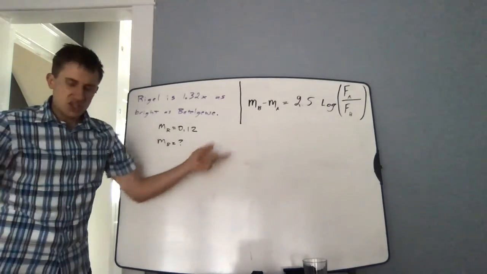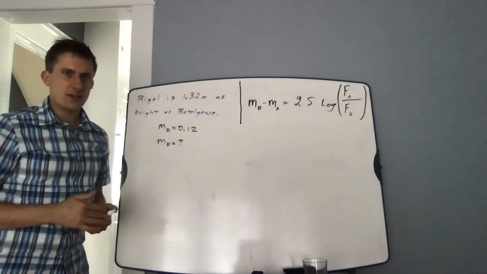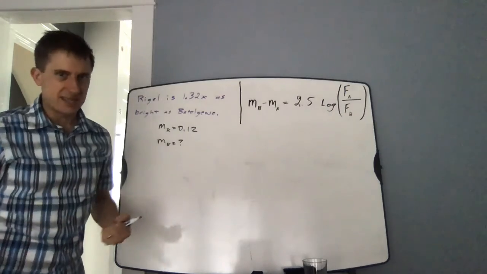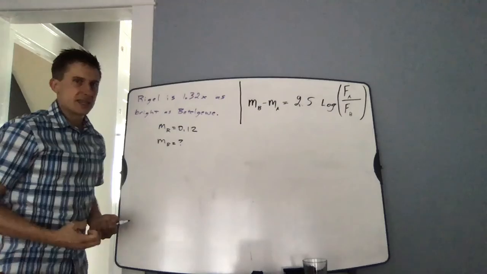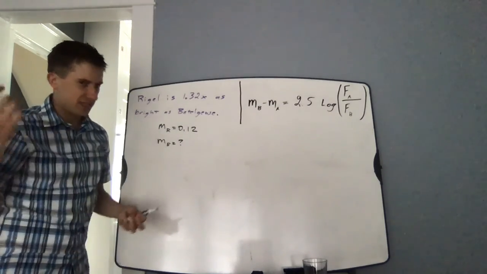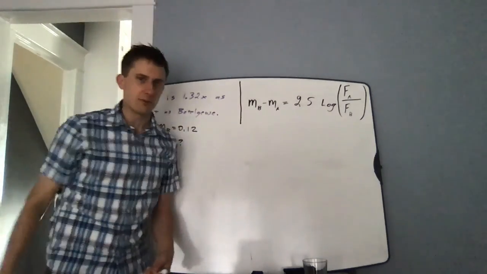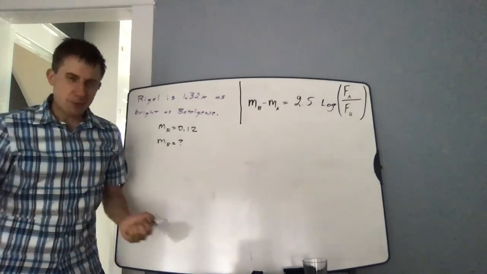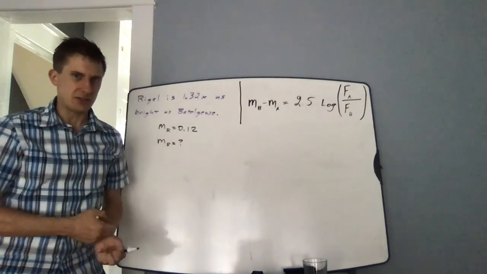This equation, as it's written right now on the board, has A and B, but there is nothing fundamental or special about A and B. A just means star A, B just means star B. So to help my mind keep track of things in a problem like this, because sometimes you might have other stars like Alnitak and Mintaka, Polaris, Vega, remembering which is star A and which is star B, I'd rather have something I could quickly look at and see.